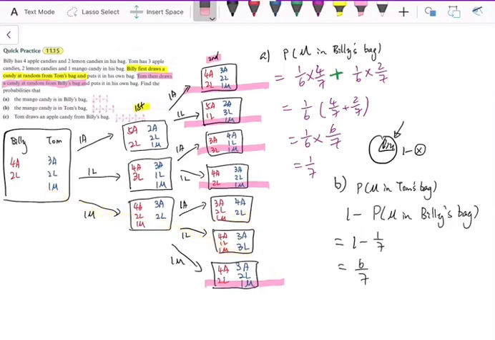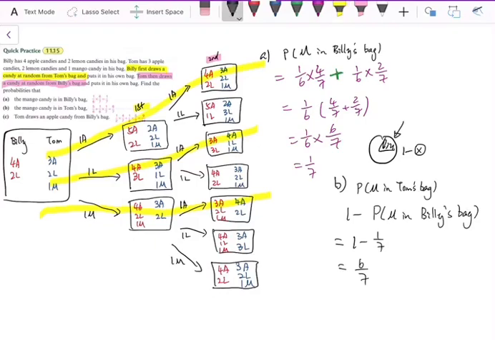Now let's take a look at the C part. What is the C part talking about? Tom draws an apple candy from Billy's bag. So what we need to do is highlight all those combinations first. Find all the apple candy from Billy's bag. First one, apple candy from Billy's bag, second, and third.